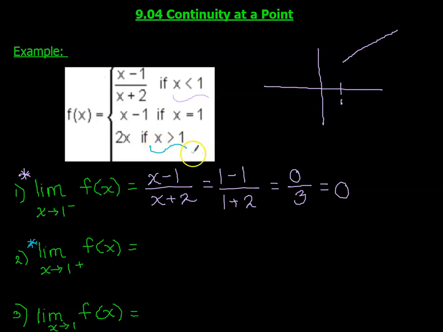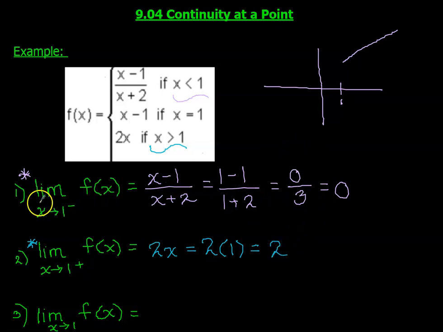Everything to the right of 1 would be greater than 1. All the x values to the right of 1 are greater than 1. So this is the function I would use. I would use 2x. And if I replace the x with 1 using direct substitution, because that is the limit that x is approaching, we're directly substituting that x value in, we'll get 2.